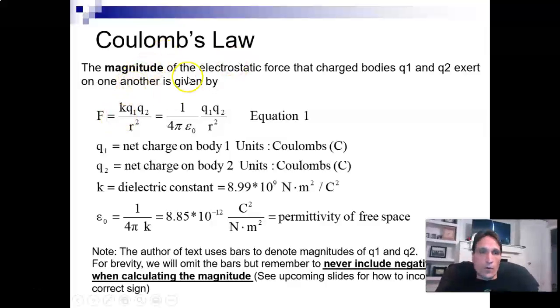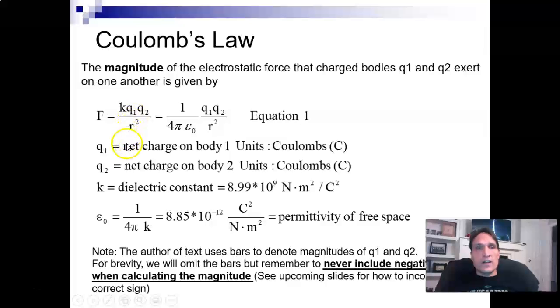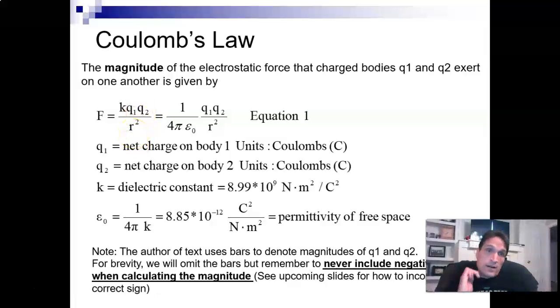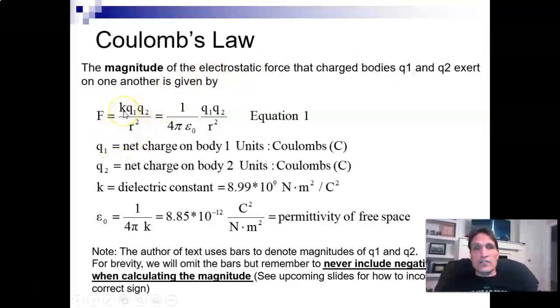It says that the force depends only on the net charge of body 1, Q1, multiplied by the net charge of body 2, Q2, so the product of the two net charges, divided by the square of the distance between the charges. And then you've got this constant here, K, which right now, let's not worry too much about it.